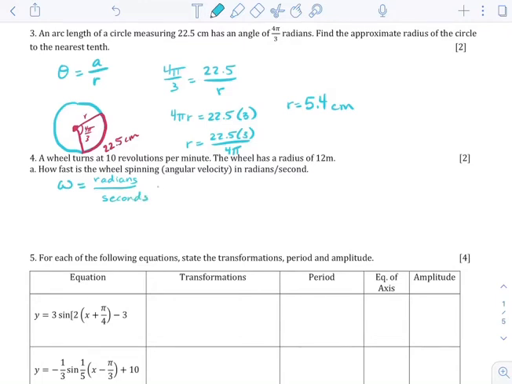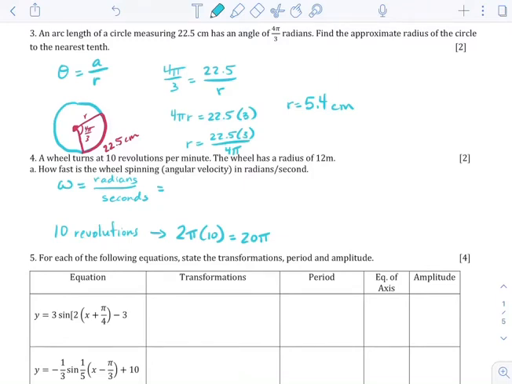So let's break down what our numerator is going to be. How many radians are covered in 10 revolutions? So 10 revolutions means that we've gone around a full circle, which is 2 pi in radians, 10 times, which is 20 pi.